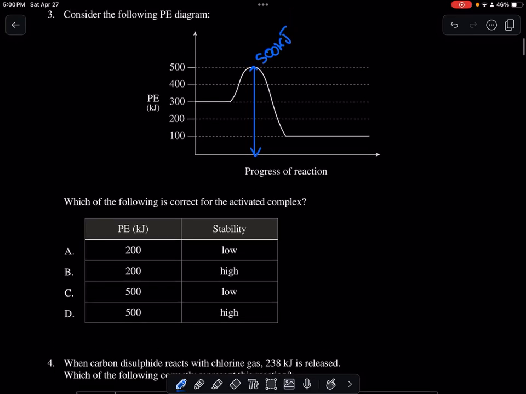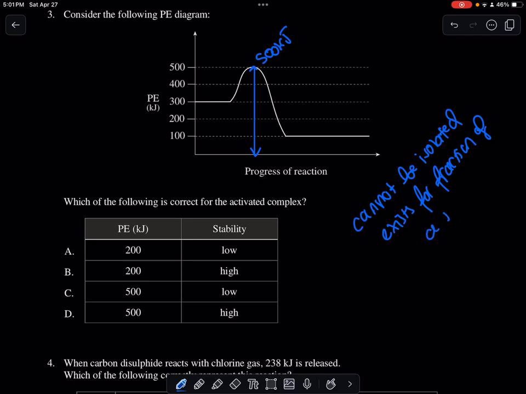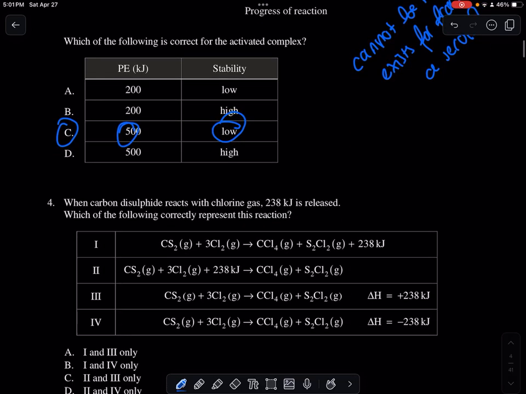Well, we know that the activated complex cannot be isolated. It's too unstable. It exists for a fraction of a second. So I'm going to say that option C suits these terms. Low stability and 500 kilojoules.